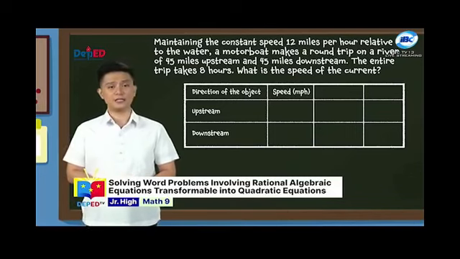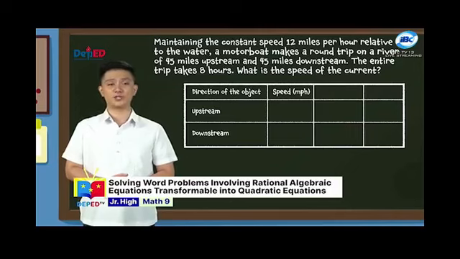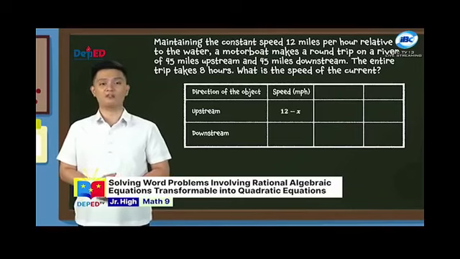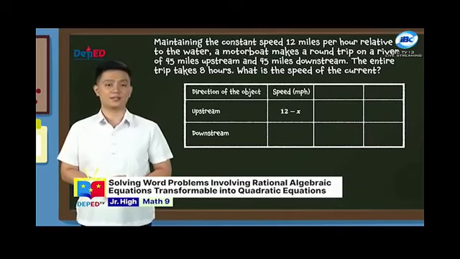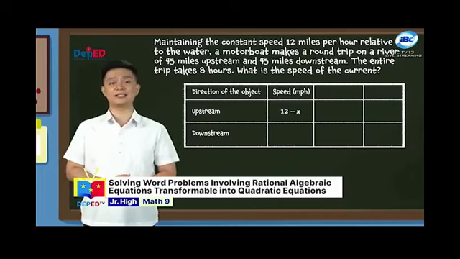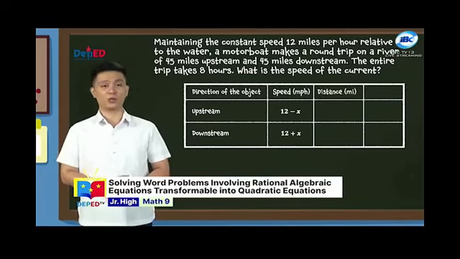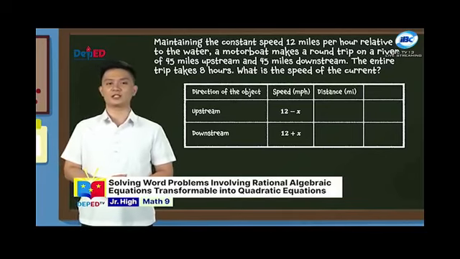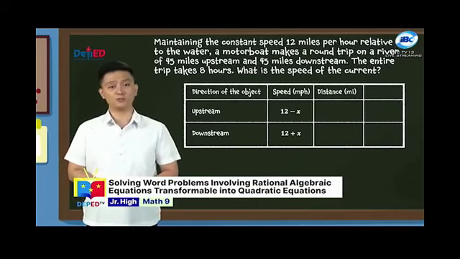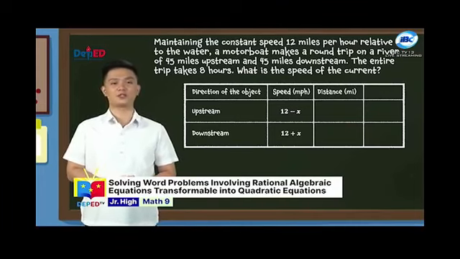Hence, the speed of the motorboat when traveling upstream can be written as 12 minus x, while its speed when traveling downstream can be written as 12 plus x. Next, we record the distance it covers in each direction. In the problem, the motorboat makes a round trip. This means it goes upstream as far as it goes downstream.